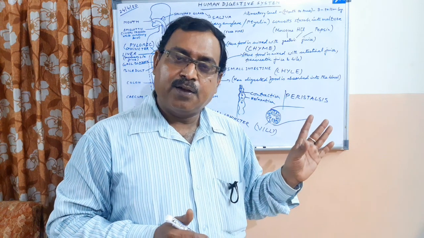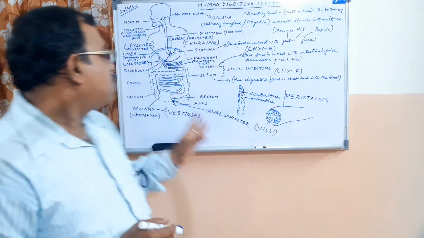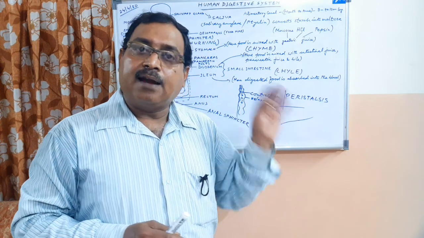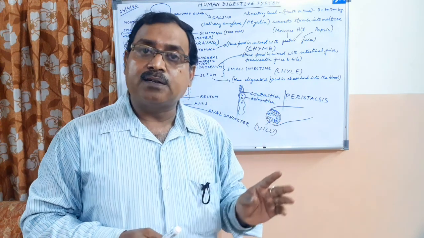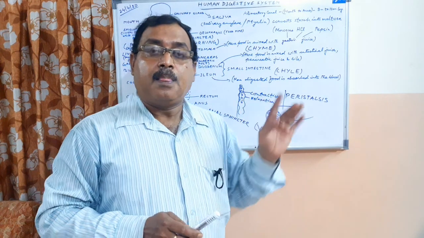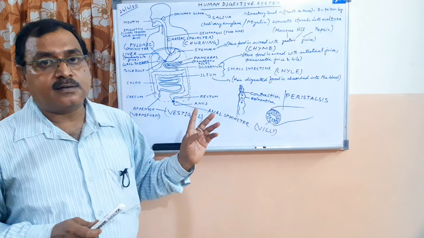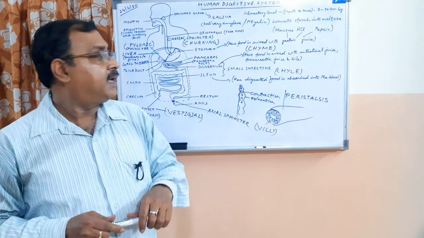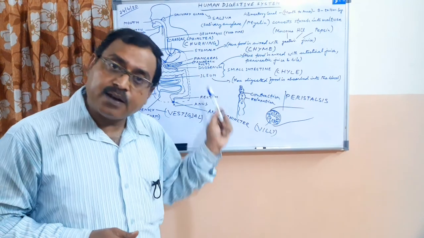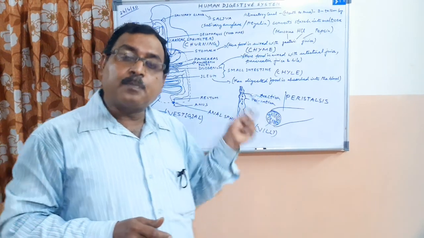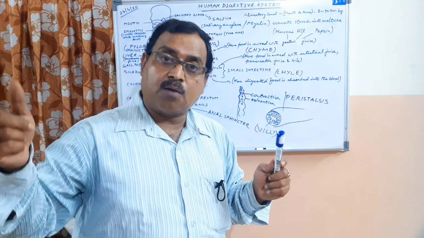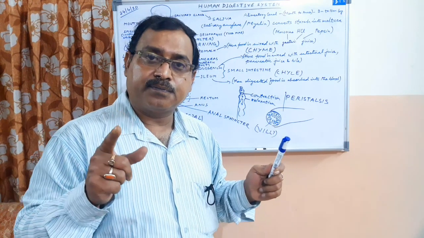Clear, children? So you must go through this diagram very nicely. And this diagram is extremely important from the point of view of your board examination. The function of each and every part is very, very important. The names of the enzymes are very, very important. What type of food these enzymes act on and what are the products formed, that is also important.